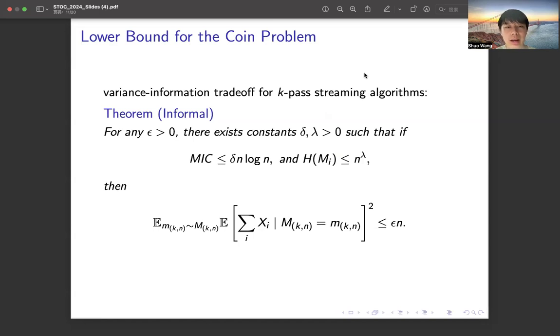And intuitively, we could understand this main theorem as: if the information complexity is small, the streaming algorithm could not precisely capture the whole data stream.